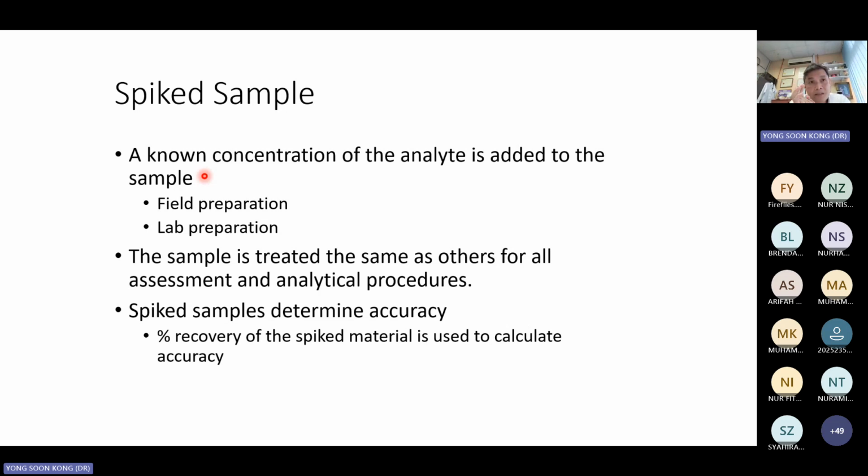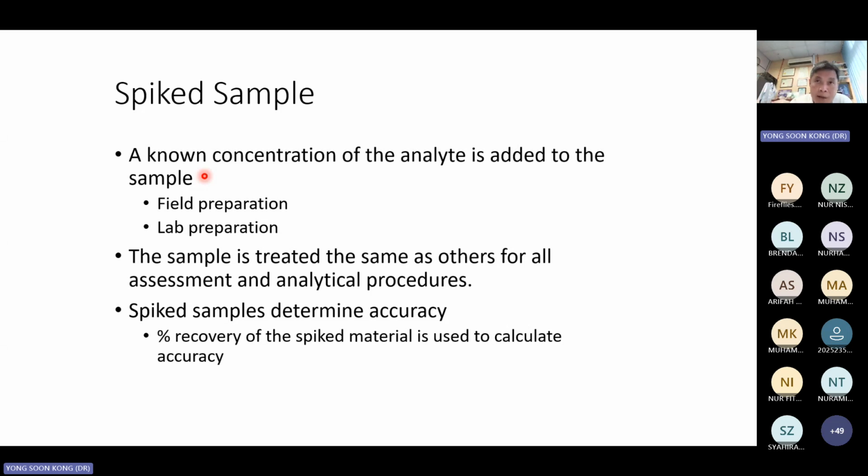Panjang lebar saya cerita kan. So I'm not sure even if you know what is this. But for those who don't know what is spike sample, this is extremely important, especially when you want to defend that your data is accurate. Kalau nak defend data kita accurate, memang daripada spike sample ni. In which, selepas kami spike sample tu, kami akan kirakan percent recovery.